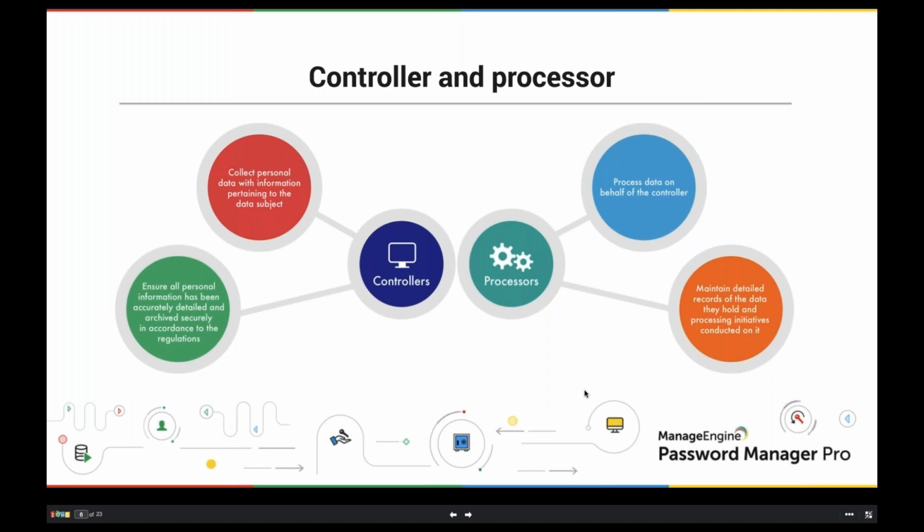Whereas a normal role like a password user or an auditor has access to the enterprise data which is being shared by an administrator, who is the controller. So a password user is going to be a processor, whereas a password admin can be both a controller and a processor. This is for the enterprise passwords.